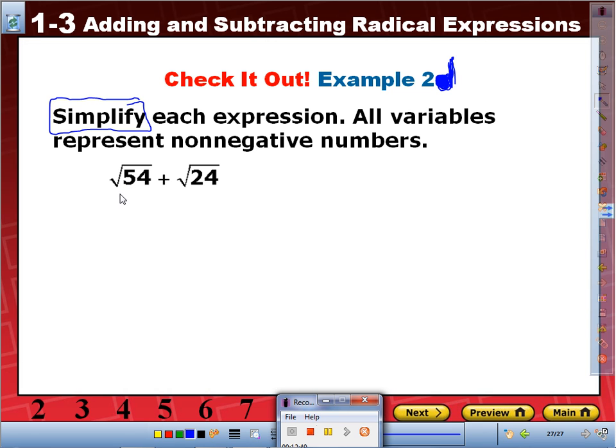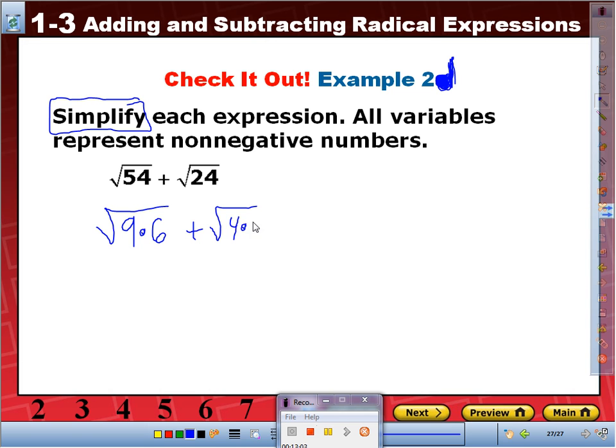Square root 54 becomes, let me see, square root of 9 times square root of 6 plus square root of 4 times 6.